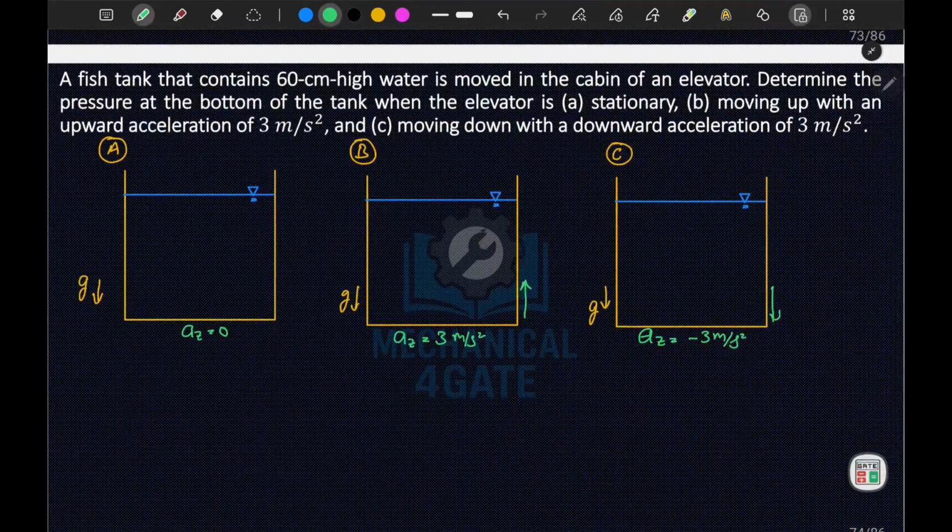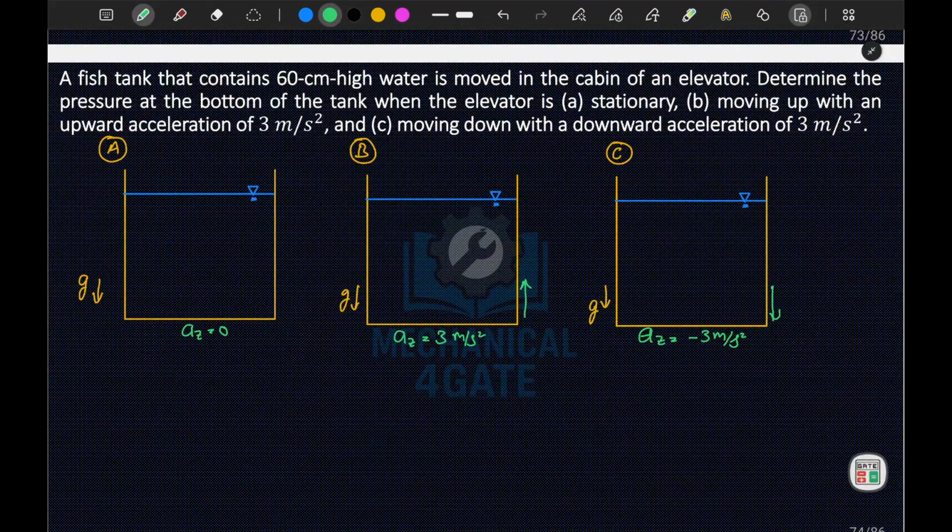Okay. Now since I have to calculate the pressure at the bottom of each tank, pressure is equal to rho g effective times H. One more thing: the height is 60 centimeter, so this liquid height is 60 centimeter on all three.